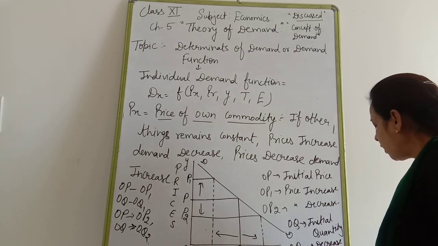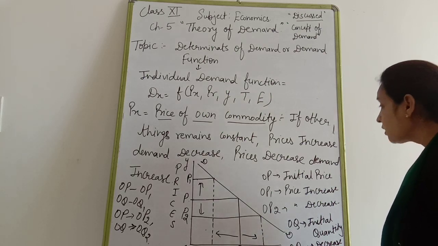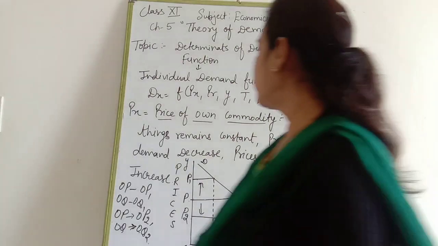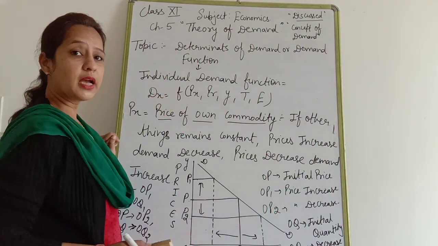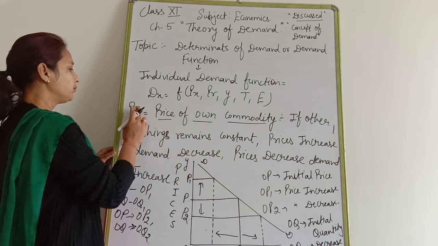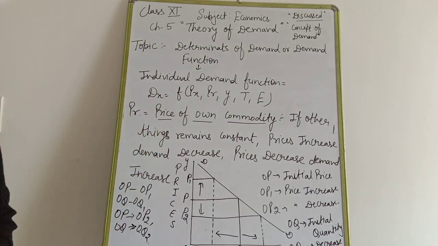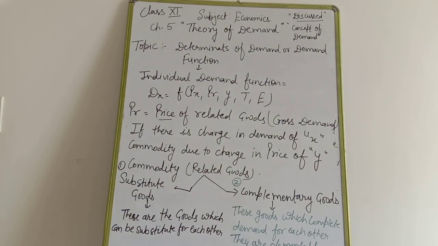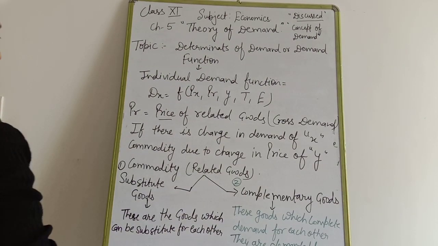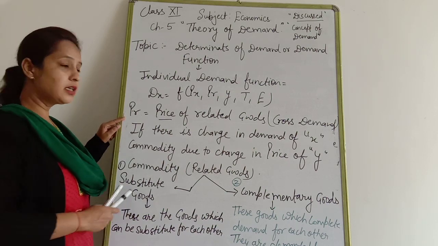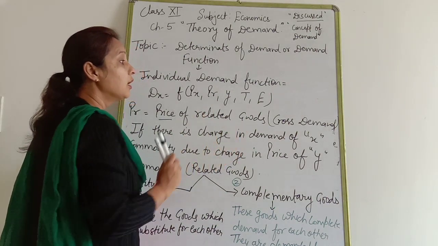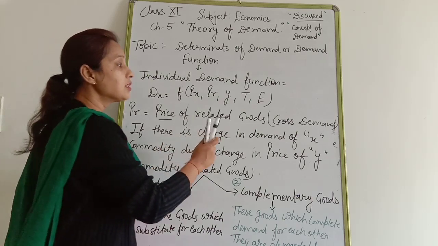Clear? Now next we are going to discuss price of related goods. Pr means price of related goods, which is also known as cross demand.